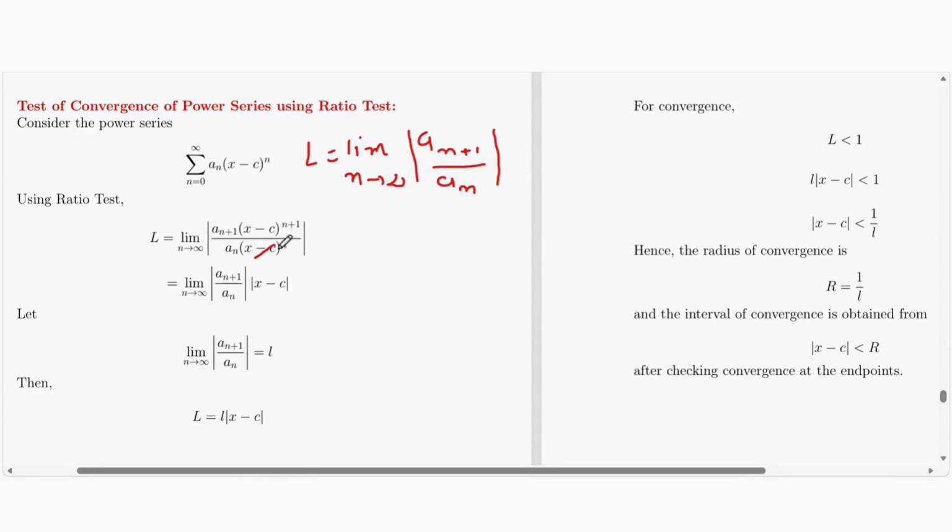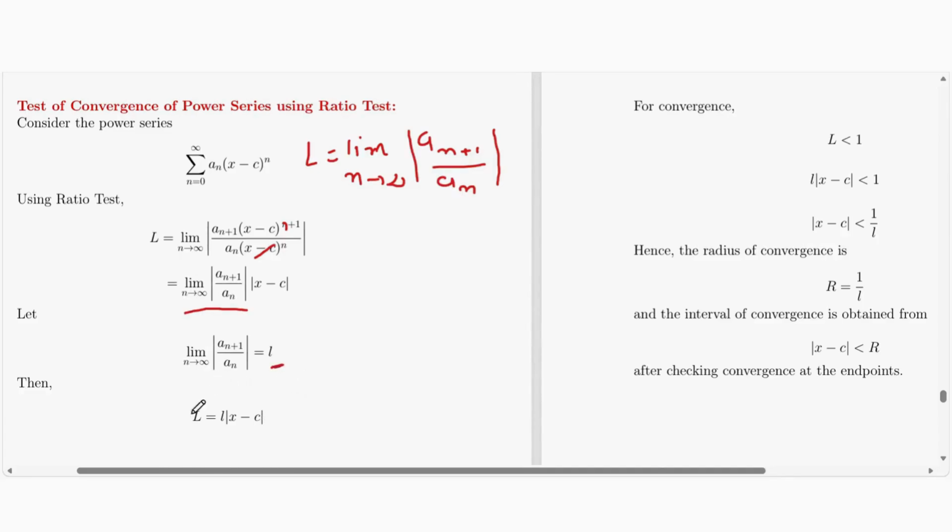Now this term is free from n, because x and c are constant numbers. So we keep it as it is, and for the other term we assume the limit value is small l.